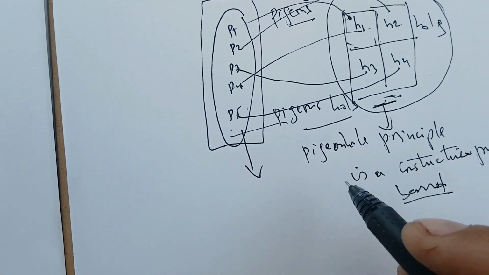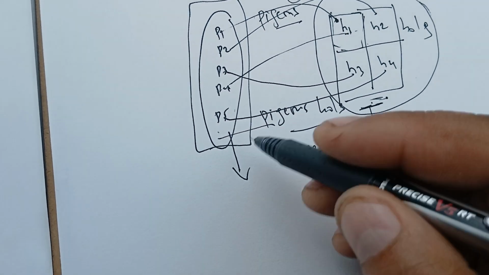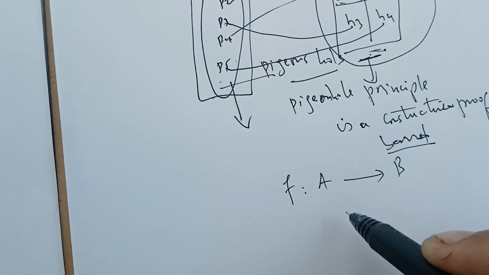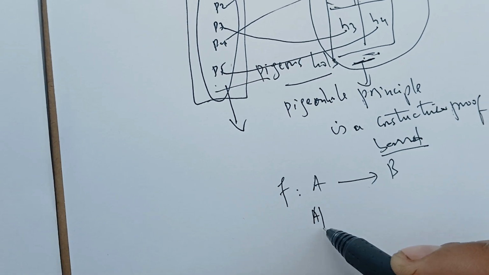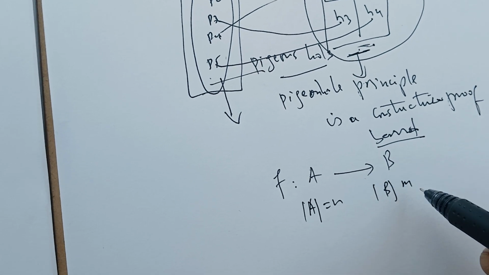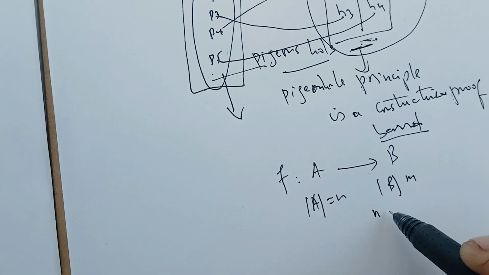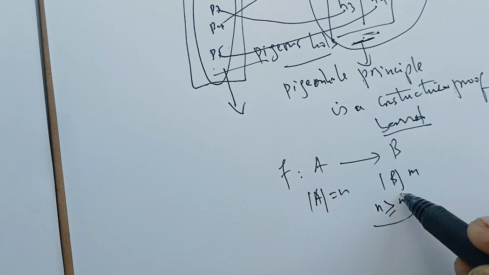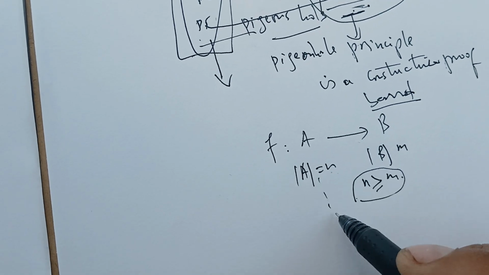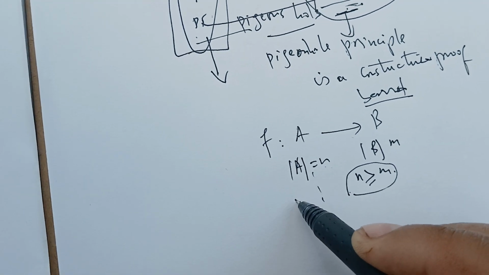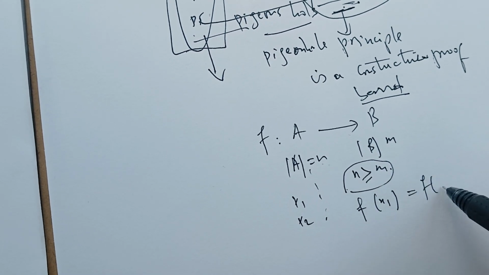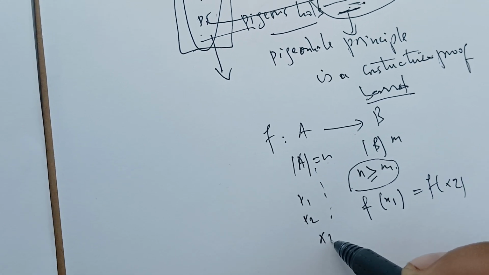Another thing is that the pigeonhole principle in the discrete case states that if we are given a function going from a set A into B, such that the cardinal of A is n, and the cardinal of B is m, and n is bigger than m, then we can always find two numbers, let's say x1, x2, such that f of x1 equals f of x2, with x1 different from x2.